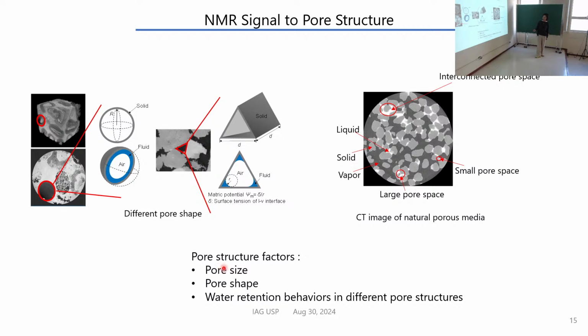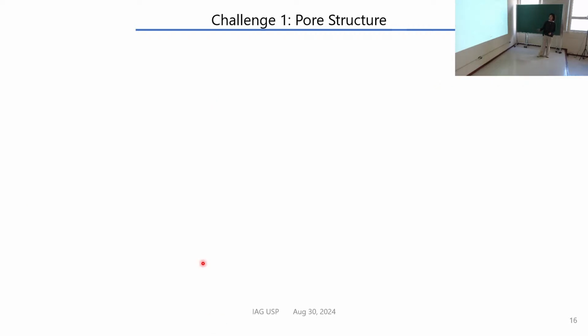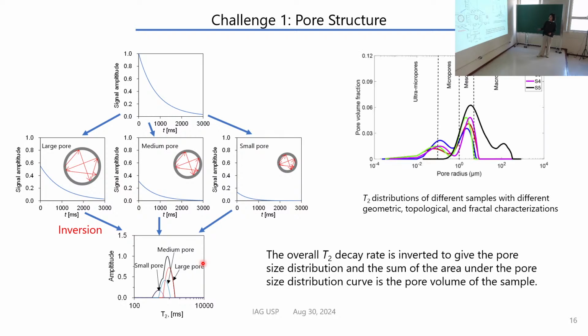We're interested in the pore size, pore shape, as well as water retention behaviors, what you call imbibition or drainage behaviors, in the different pore structures. So this is very small, detailed work, trying to understand how all of this impacts the NMR signal. This is some of the interesting work we have done.